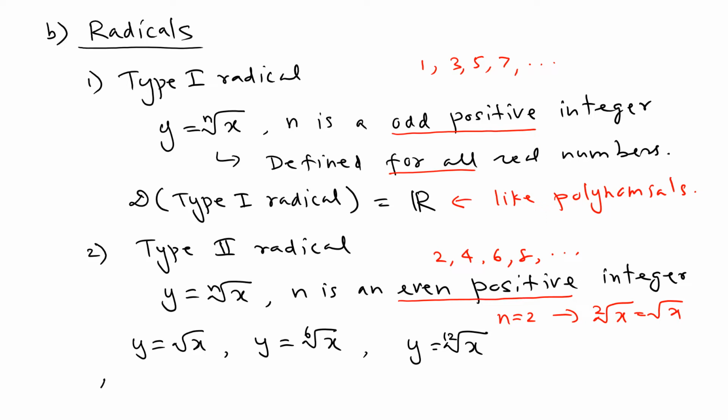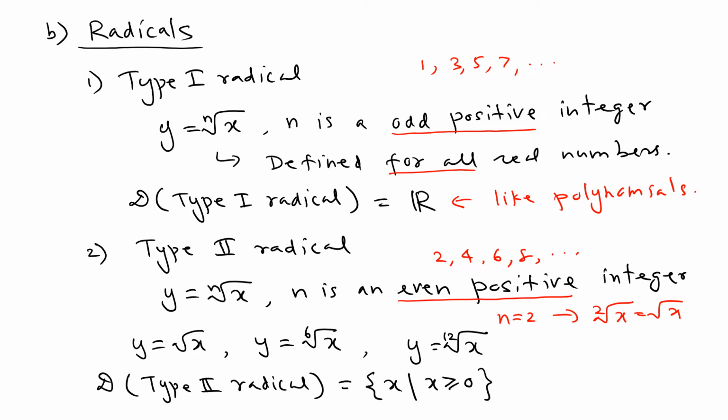So we can write the domain. The domain of type 2 radical is x such that x is greater than or equal to 0. In interval notation, you can also write this as 0 to infinity.